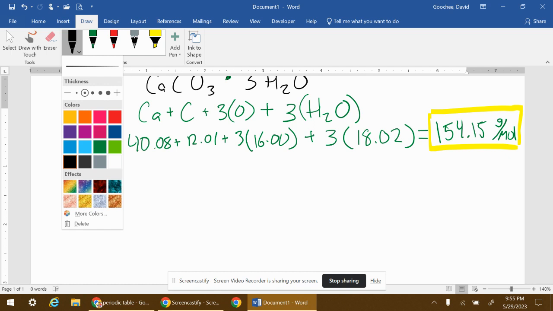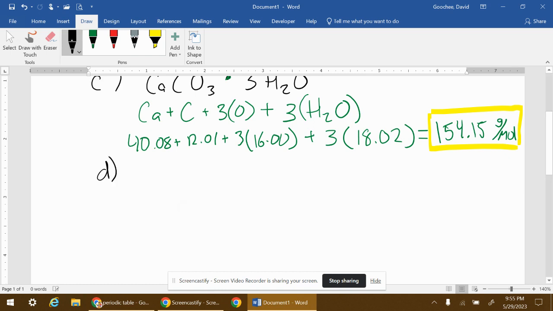That's kind of tricky. The molar mass of 7D was NH4 twice, SO4. So here we go. NH4, but you've got two of them.